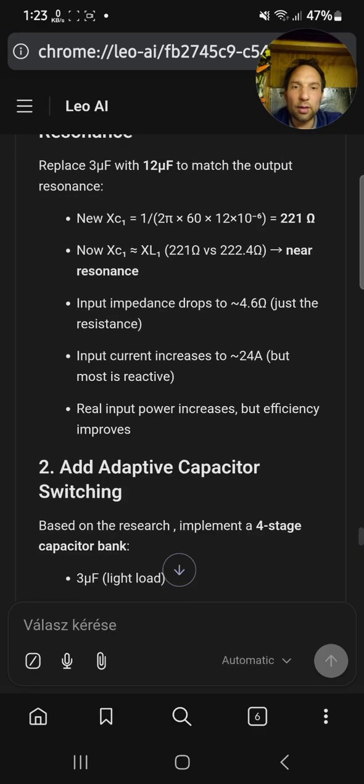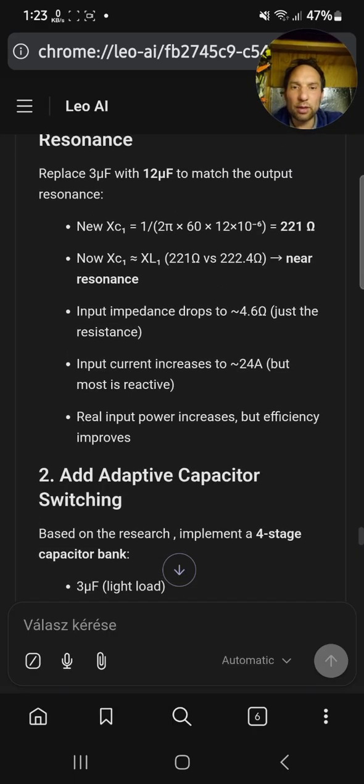Aha. But that will suck more energy. Input current increases to 24 amps, but most is reactive. The real input power increases, but efficiency improves.